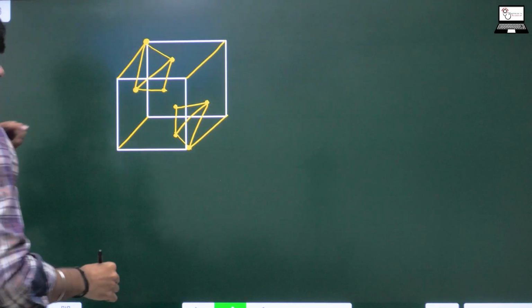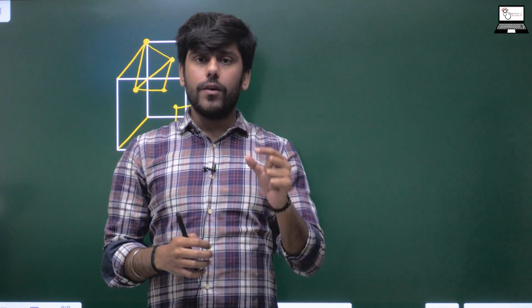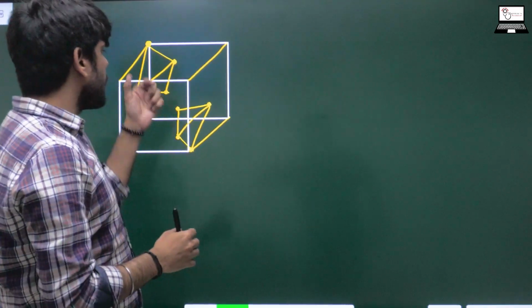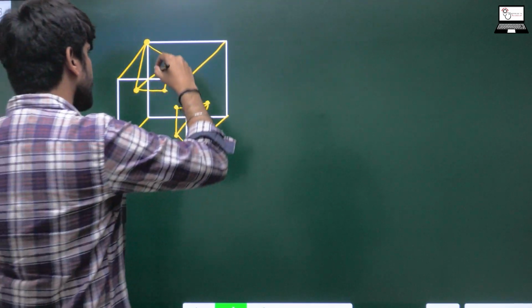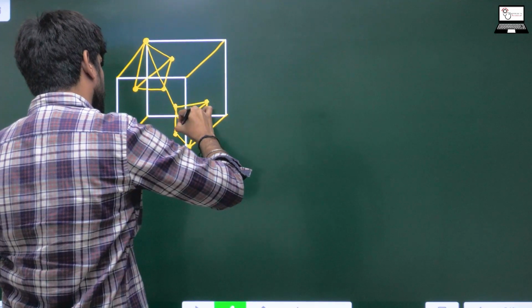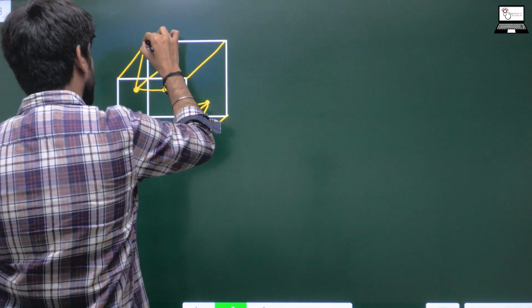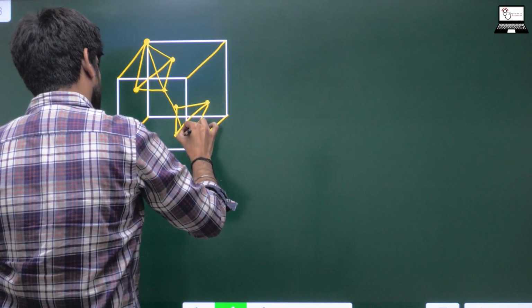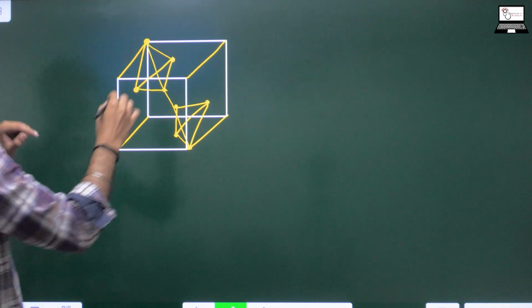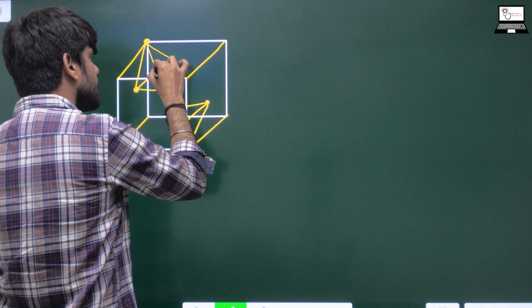Now, if I ask you what is the position of a tetrahedral void in an FCC lattice, then if you join this, this is my body diagonal, right? This is my body diagonal, and I have the tetrahedral void somewhere here.